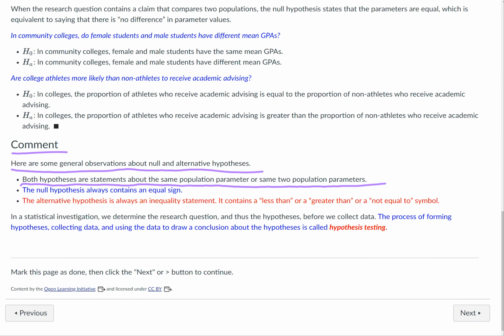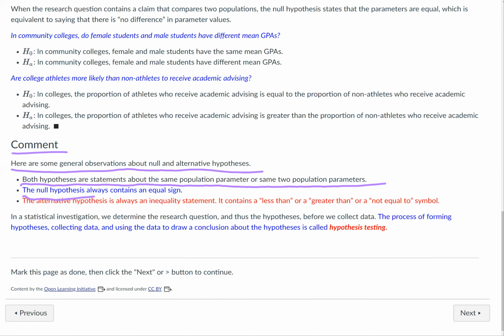For example, the number of units that a student takes was 12. We thought it was equal to 12. Now we're saying maybe it's larger. It's almost the same, the same populations and the same numbers if you do state any, but now you're changing equal to greater than or something like that.